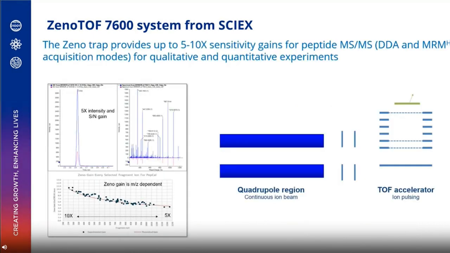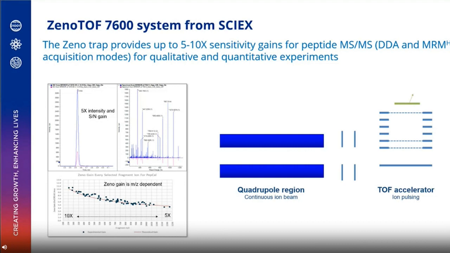As shown in the upper figure, the MRM high-res intensity and the signal-to-noise ratio gain of the peptides is increased by 5 times between Zeno trap on and off, the blue and the pink colors. In the lower figures, we can see the Zeno trap gain is mass over charge dependent.